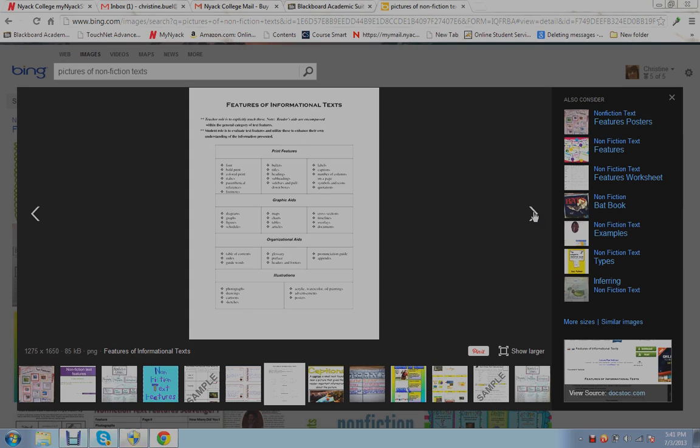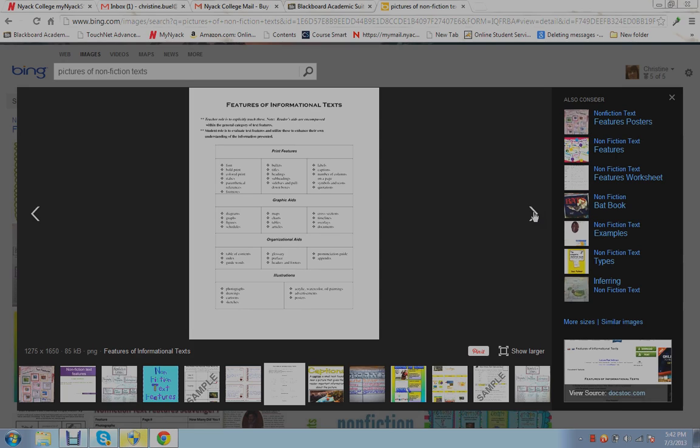It did have some print features, but it made it very difficult because there were not headings and charts where appropriate, and students really had to muck their way through the text and find some of the structures on their own. We realized that embedded in the text was some cause and effect structure, some listing structure, some compare and contrast.